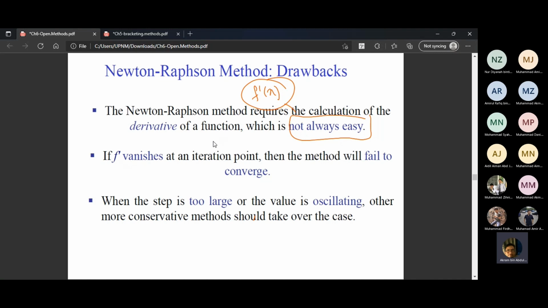And if f prime vanishes at an iteration point, then the method will fail to converge. If it fails to converge, then you cannot solve using Newton Raphson.